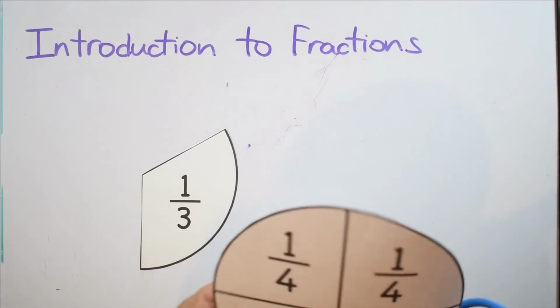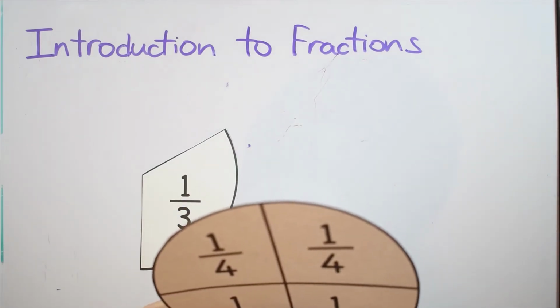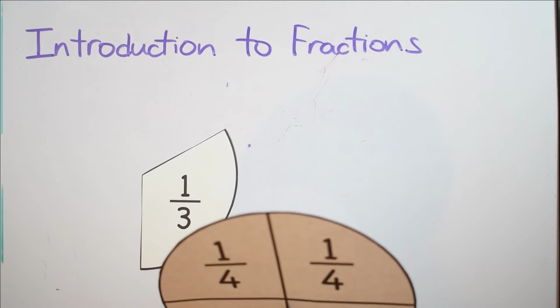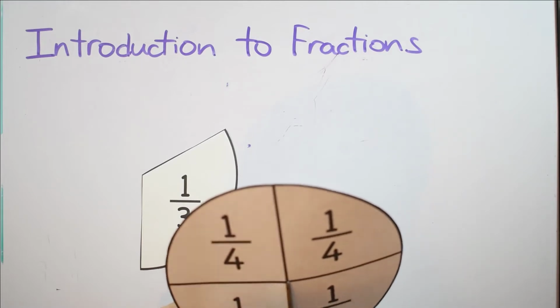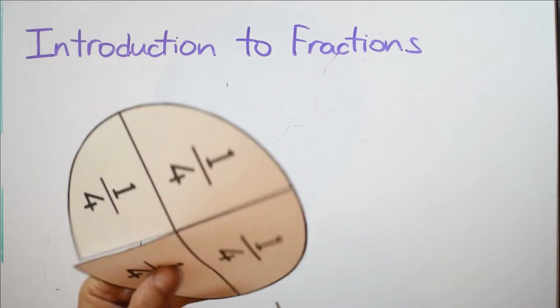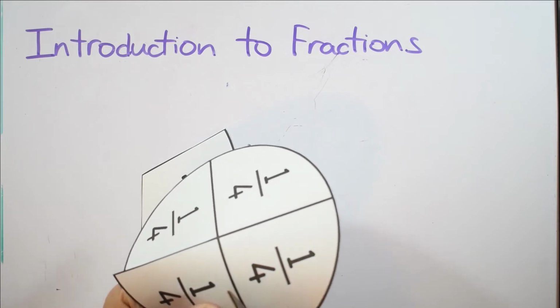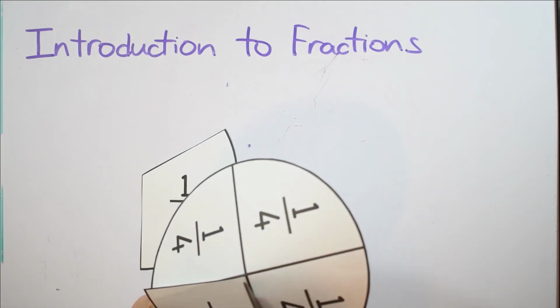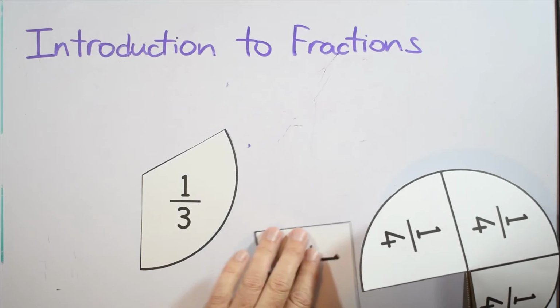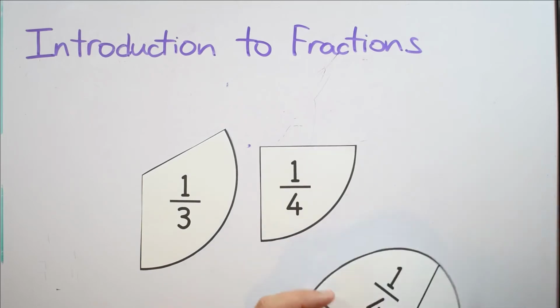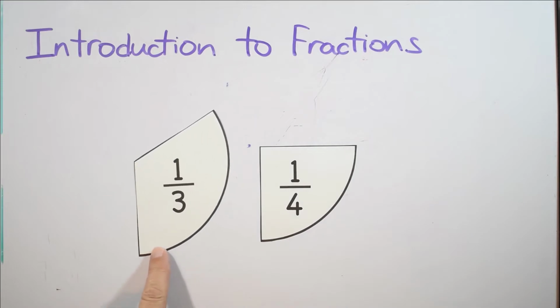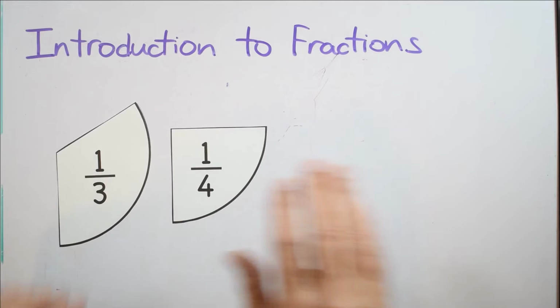And then if I had 1/4 of this pizza, you can clearly see that even though the number on the bottom is bigger, because it's been chopped up more times, you end up with a smaller piece. So if I was feeling hungry, I would definitely choose the 1/3, wouldn't I? Yum, making me hungry thinking about it.